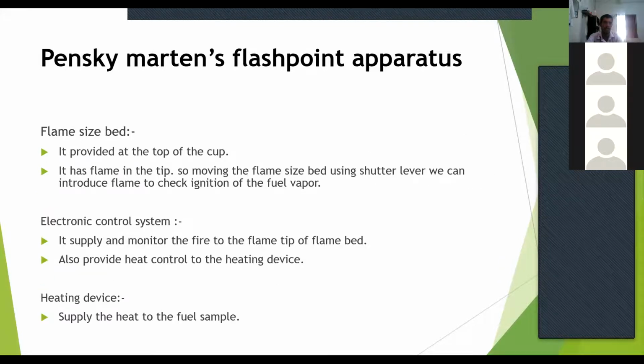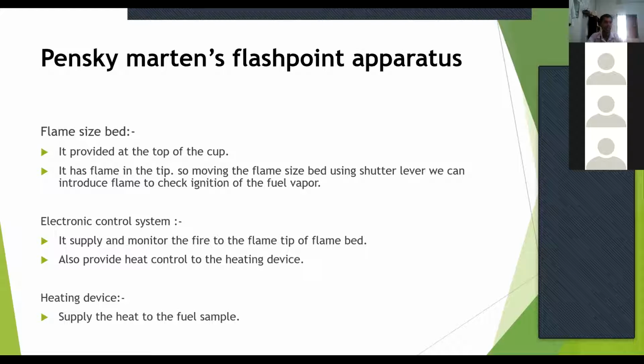The other one is the flame hole. In our apparatus we have an electric heater. By using electric supply, heat is produced that makes the flame. We need one flame to introduce, to find out the flash point.